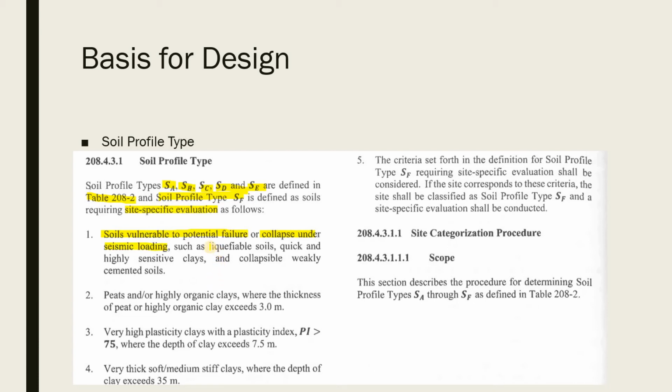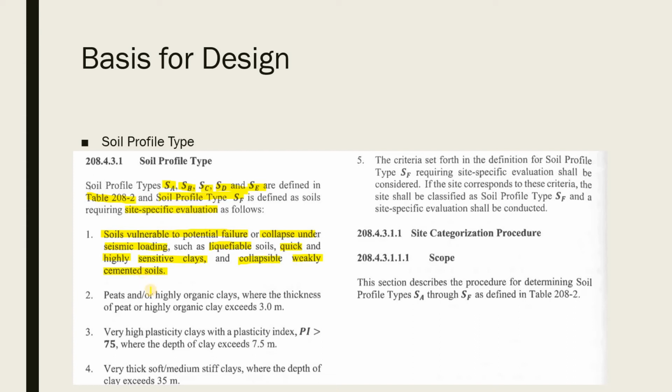Ayan yung mga lupa na liquefiable, quick and highly sensitive clays, and collapsible, weakly cemented soils. So kapag ganyan yung lupa natin, automatic soil profile type F tayo.